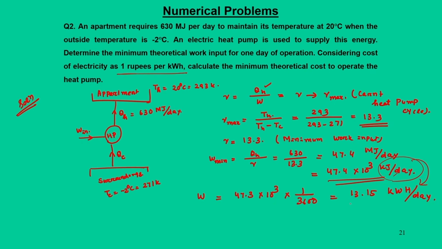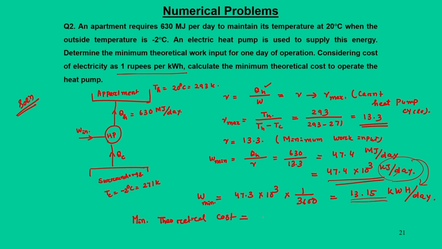Now that we have converted, we require the cost of electricity, or the minimum theoretical cost. It would be 1 rupee per kilowatt hour. We are consuming 13.15 kilowatt hour.